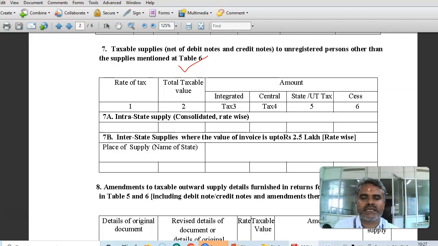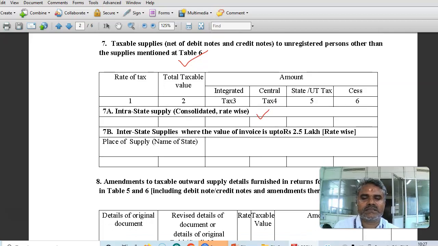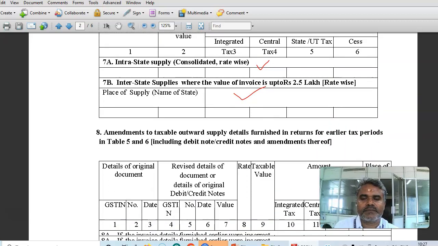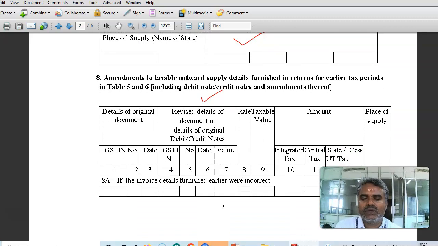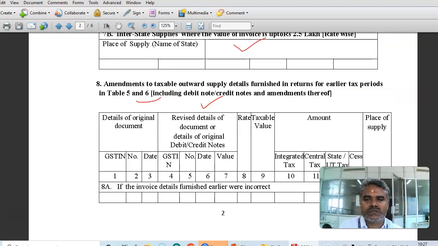Then intra-state supply, consolidated state-wise. Then interstate supplies where the invoice value is up to 2.5 lakh. Okay. Then other information here. Amendment to taxable outward supply details furnished in the return for an earlier tax period in tables 5 and 6. You read, and then you upload, there is no problem.